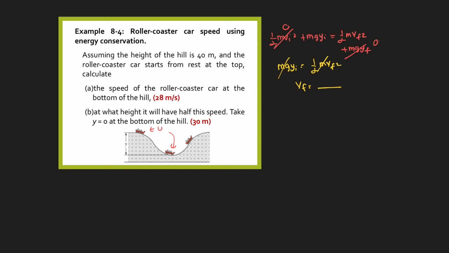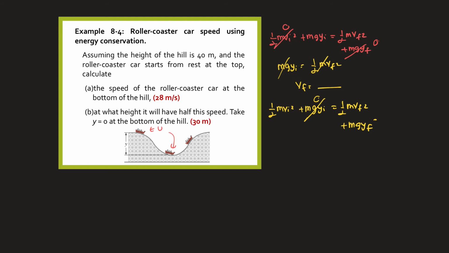Okay, I choose the bottom of the hill as my reference point. So 1/2 m v initial squared plus m g y initial equals 1/2 m v final squared plus m g y final. The bottom of the hill is going to be 0.